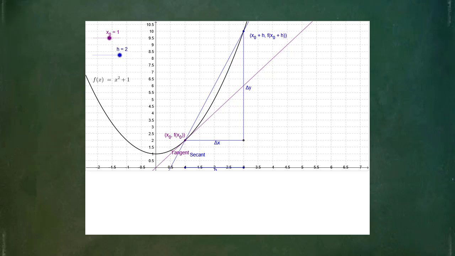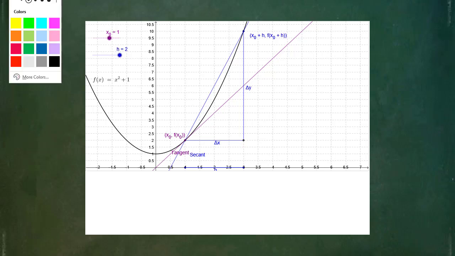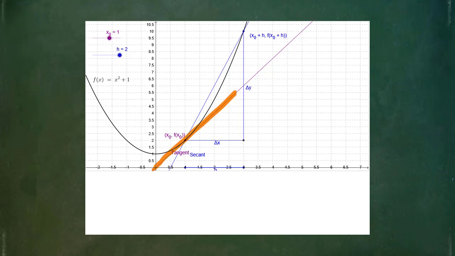It's just using h as an easier variable to actually type in. So if we think in terms of what does this allow me to do, well, as you can see, there's the tangent line that's right here, and then there's the secant line that's actually connecting those two right there.